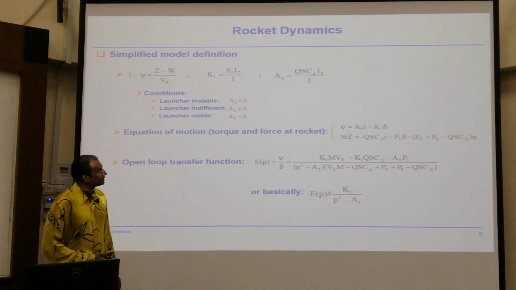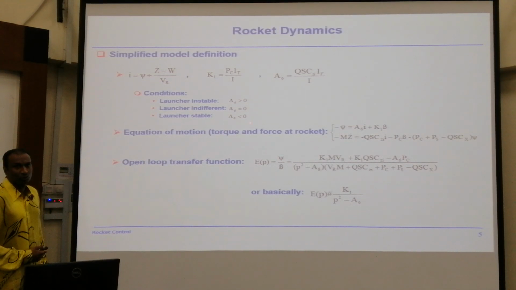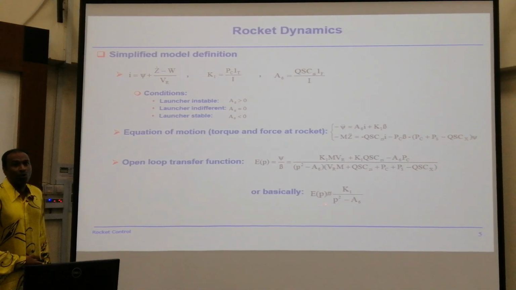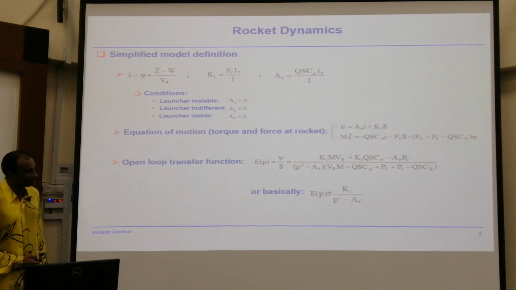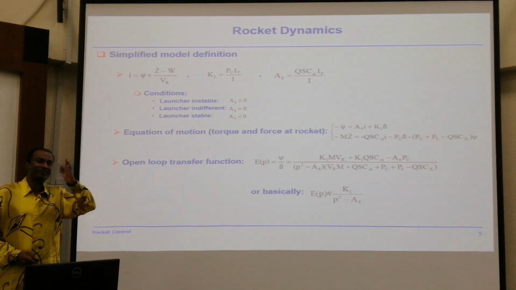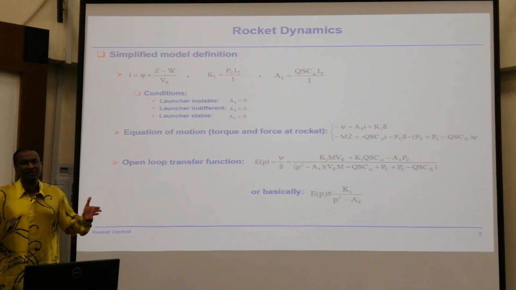That means A6 must be less than 0. When A6 is negative, this whole term becomes positive. You want to plot the actual poles, and when this quantity is positive, you will ensure the poles are on the left side of the imaginary axis. Therefore, the system will be stable.